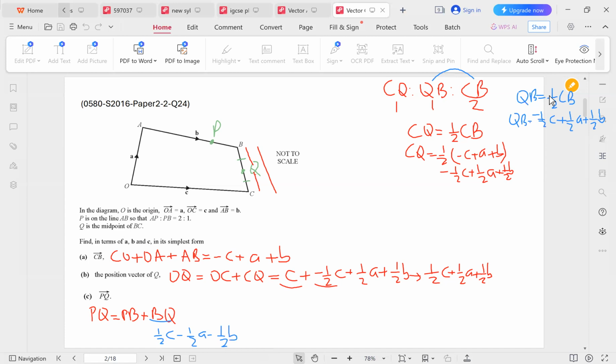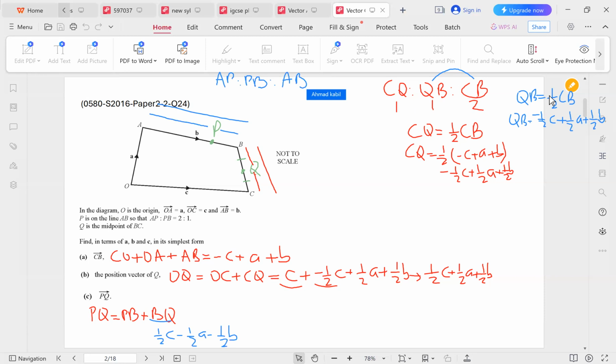And for PB, we need to construct the ratio as well. So we have PB and AP and AB. So we can write the ratio AP to PB to AB.